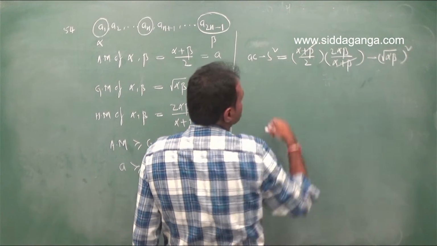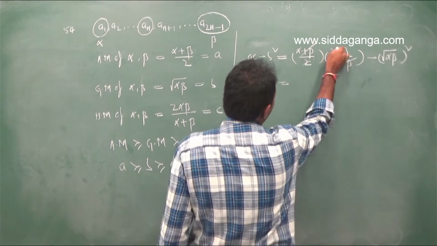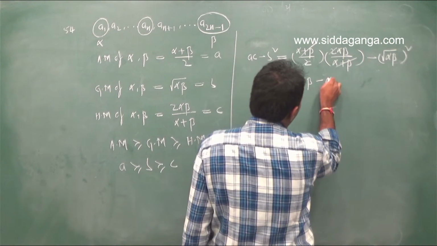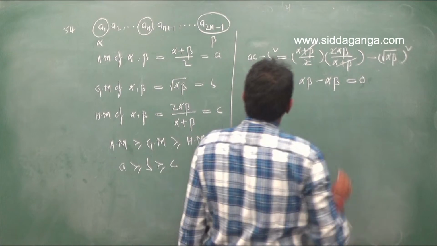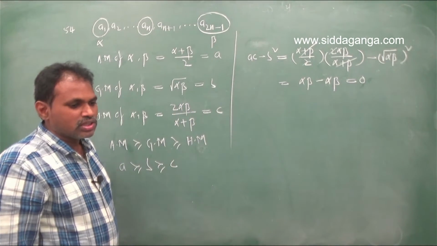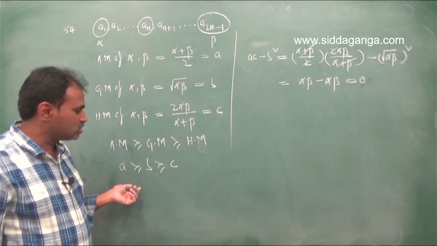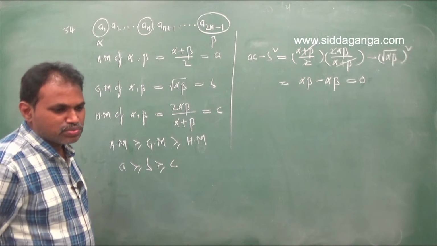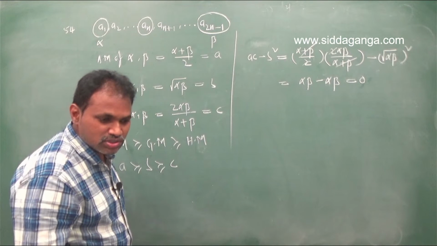Alpha plus beta will cancel, 2 will cancel, and alpha beta minus alpha beta equals 0. Therefore the third option satisfies both conditions: a greater than b greater than c and ac minus b square equal to 0. Therefore option 3 is right.